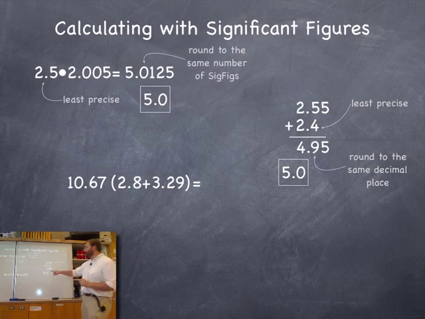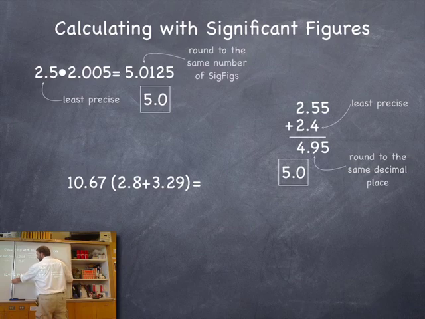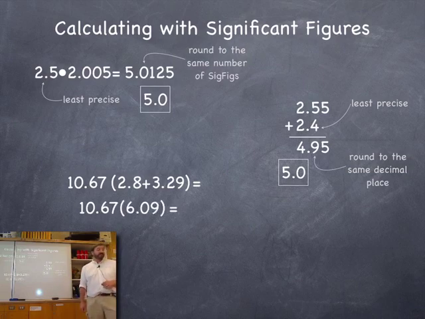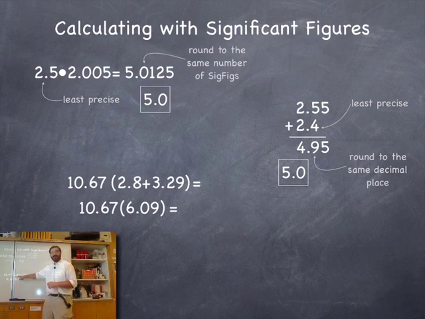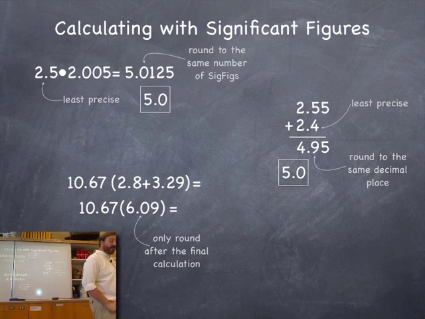So when I am doing this addition problem, 2.8 plus 3.29, I know that that adds up to 6.09. But again, I know this to the tenths place and this to the hundredths, so my answer really would have been rounded off to the tenths place.